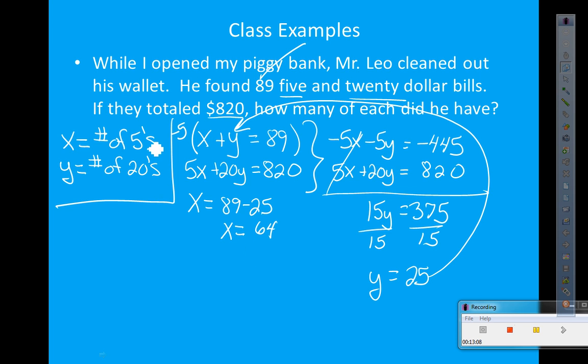X represents the number of 5s, so we have 64 $5 bills, and I'm going to have 25 $20 bills. Notice that I put the money amount on the 5 and the 20.